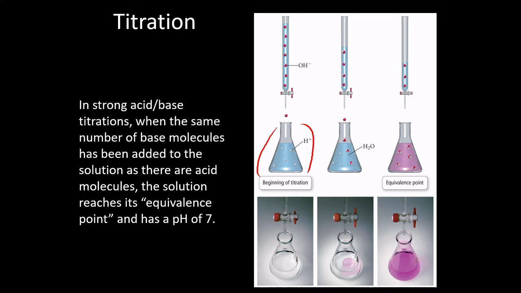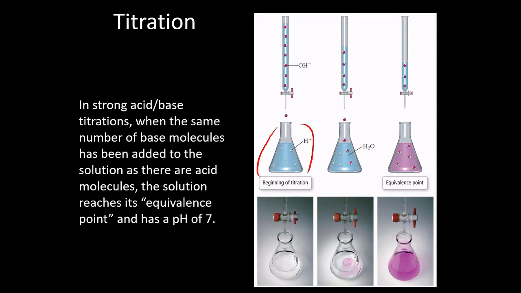But then very quickly, within a second or so, that drop of base gets distributed out to the whole solution. It's not just concentrated right where the drop fell. And so it goes back to being clear again.